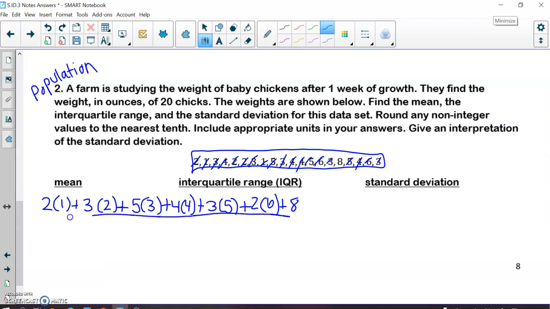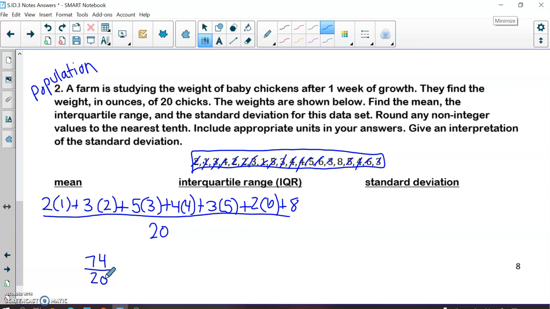And then I'm going to divide all of that by 20, since there are 20 chicks. So 2 times a 1 plus a 3 times a 2 plus a 5 times a 3 plus a 4 times a 4 plus a 3 times a 5 plus a 2 times a 6 plus an 8 is a 74. And again, all over 20.